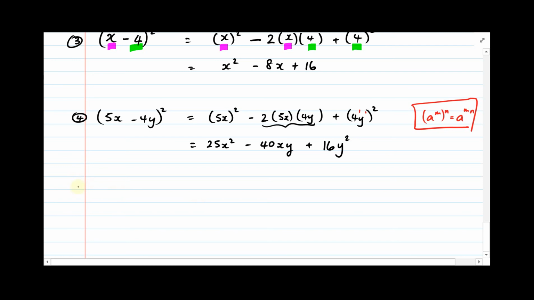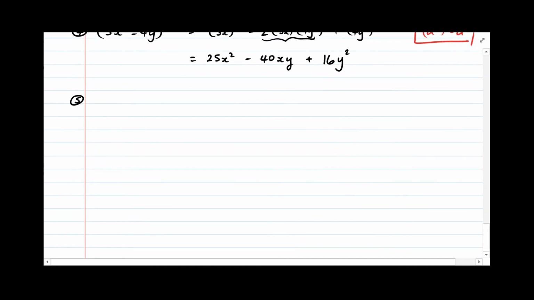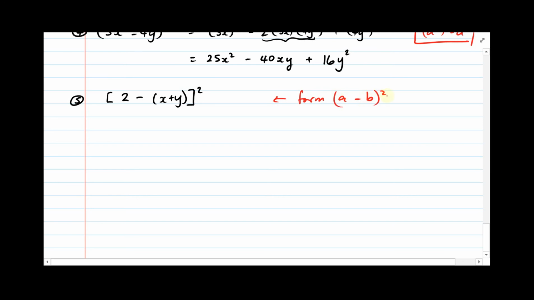Alright, just as I pushed the limit the last time, we can also give you something of this form. Say 2 minus x plus y all squared, right? This is in the form, so as we look at it, it really is already in the form a minus b all squared.